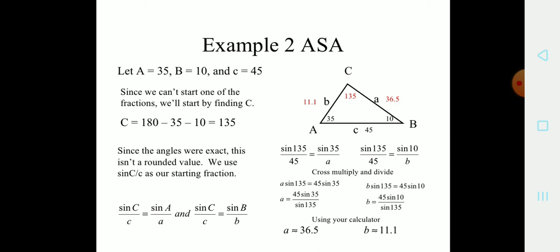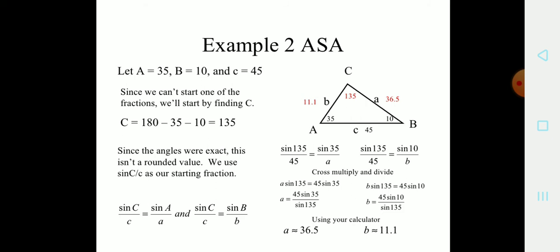So example 2. Let A equal 35, B equal 10, and c equal 45. Since we start with no full fractions, we will start by finding C. So C equals 180 minus 35 minus 10 equals 135. Since the angles were given, to avoid rounding values we use sin C over c as our starting fraction. So sin C over c equals sin A over a, and sin C over c equals sin B over b.